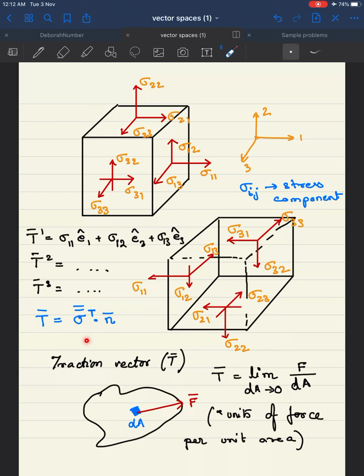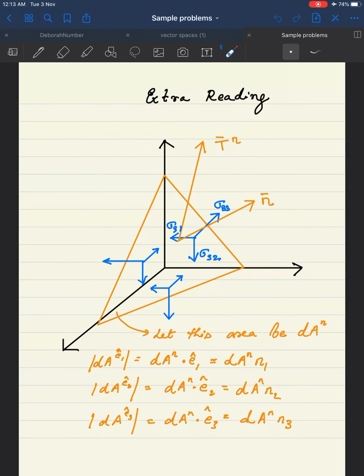Now we want to prove this, and what we want to show, and I've already done it for you, and this is just extra reading. So what I've done is, these are the different axes. So this is your, obviously again 1, this is your 2, and this is 3. So the numbering is exactly the same. And here we have drawn an arbitrary triangle.